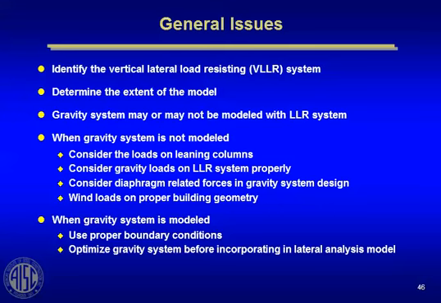And what we're after here is getting a lateral load resisting system that's fairly symmetric in plan, so that the center of resistance or the center of rigidity of the lateral load system is pretty close to the center of pressure of the wind load that's applied to the building, and also close to the center of mass of the building. If you got the center of resistance over here and the center of mass over here, what are you going to do?